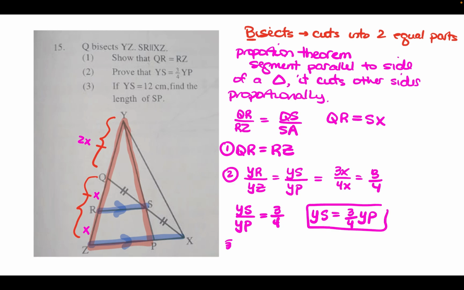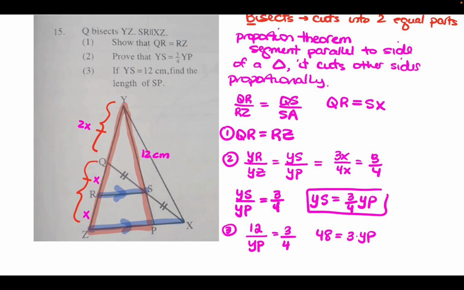And the last one, if YS is equal to 12 centimeters, find the length of SP. Well, again, we know that YS will be 3/4 of YP. So we could solve that proportion by cross multiplying. 3 times YP is equal to 48.